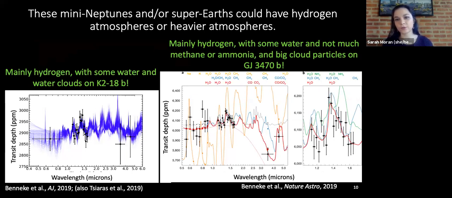And then on the right, we're looking at something slightly bigger, closer to a Neptune than a mini-Neptune, but still definitely one of the smallest planets we've been able to observe, TOI-3470b. And again, we're seeing signatures of clouds toward the visible wavelengths, and then it gets clearer a little bit further out to the red.